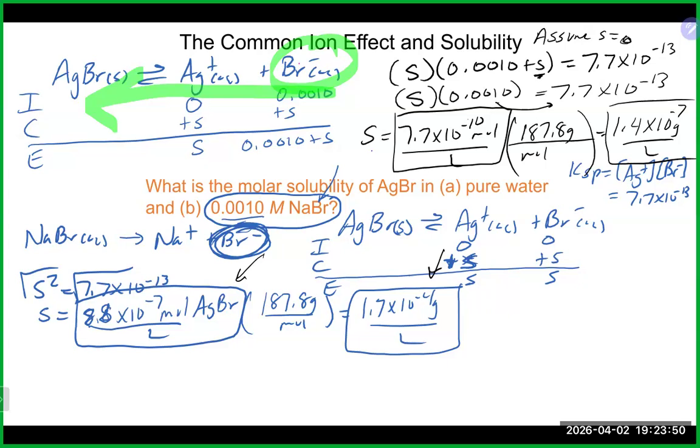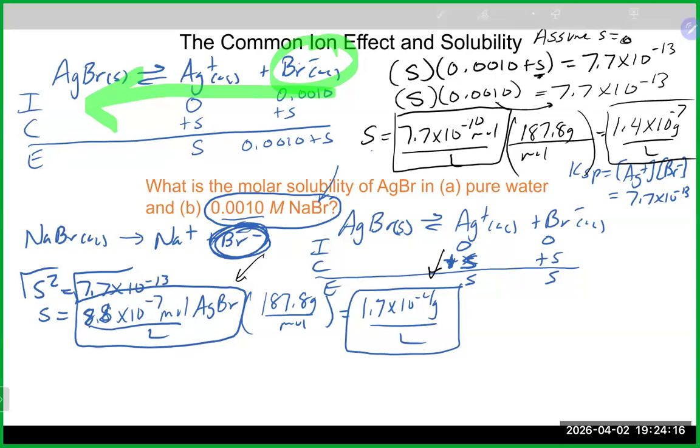So the effect of the common ion, as you can see here, is the presence of a common ion typically will lower the solubility of that salt. It will keep it together because it's basically pushing it back to the reactant side and not to the product side. Any questions on that there? No. By the way, you can see silver bromide is even less soluble than I think silver chloride was.